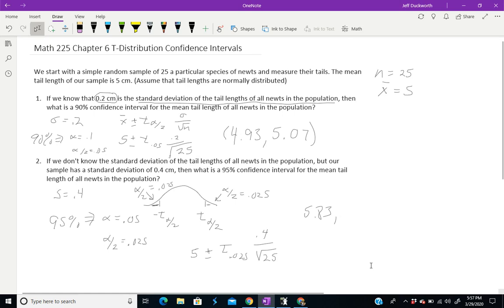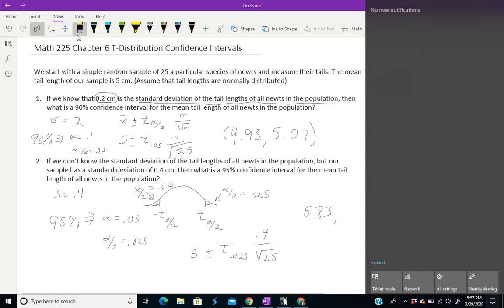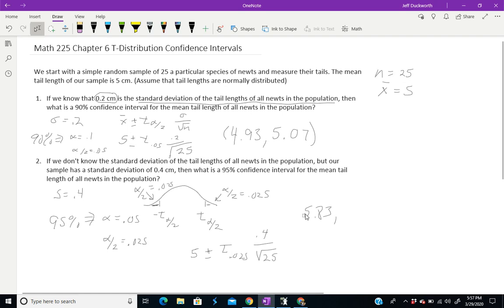4.83 to 5.17, excuse me. Having problems with my eraser. There we go.